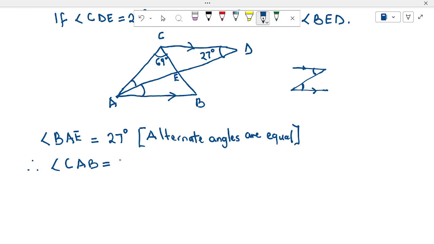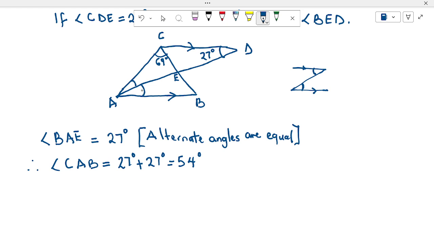That total angle will be 27 degrees plus 27 degrees, which is equal to 54 degrees. Why? We are told that this line AD bisects this angle.